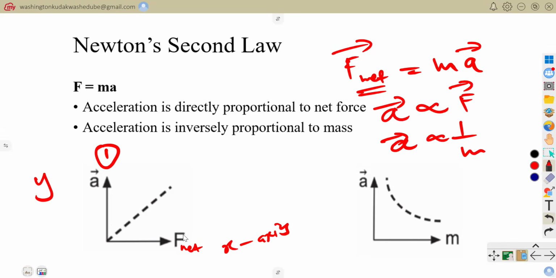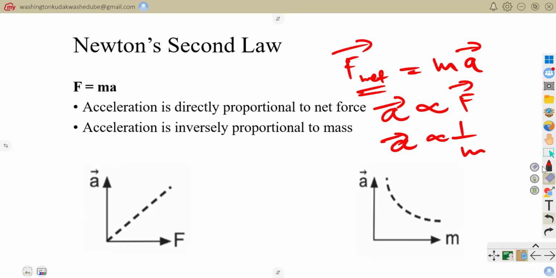So as you increase your net force, the acceleration will also increase. That is what this graph simply means, and that is how we will be applying this graph in the next application questions.